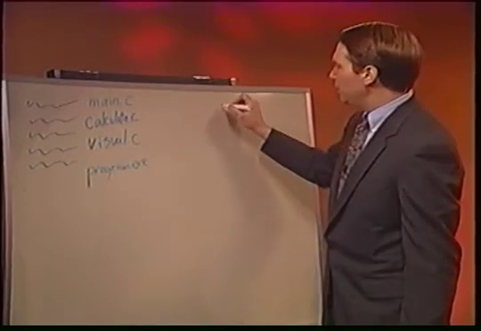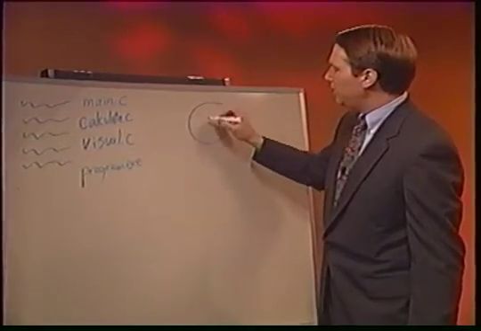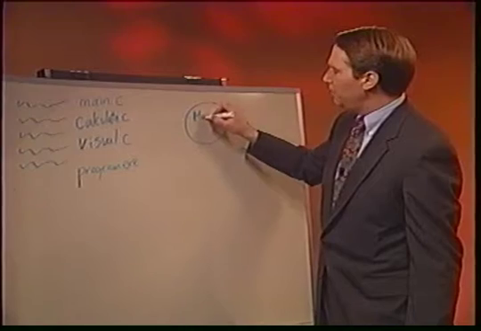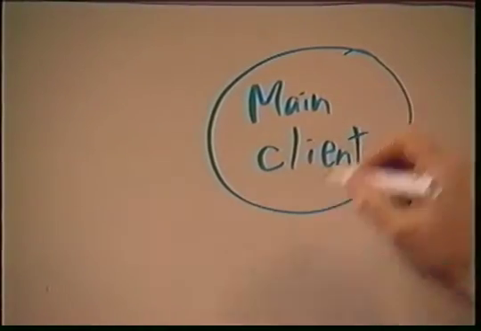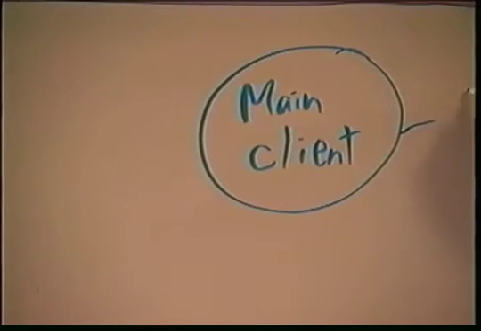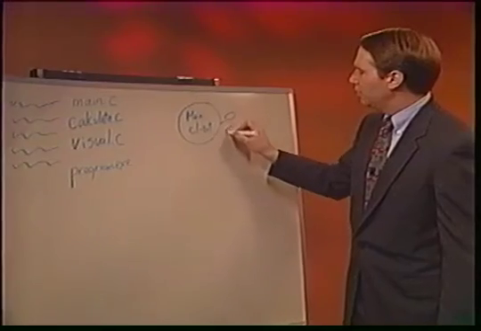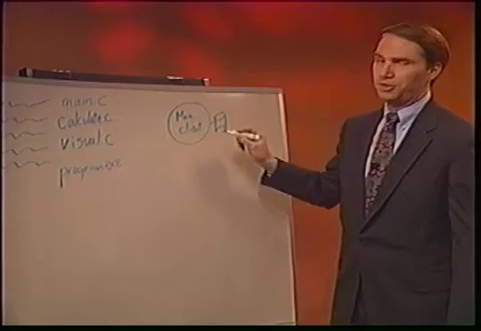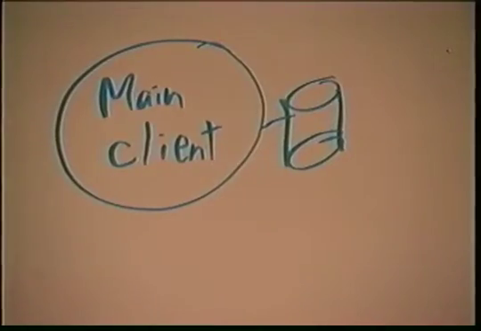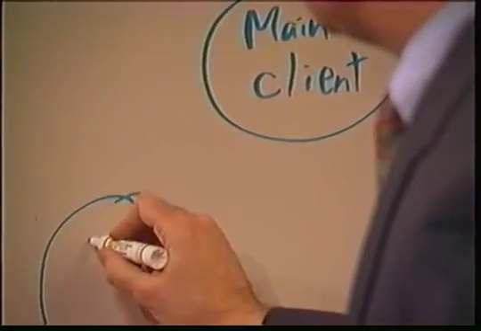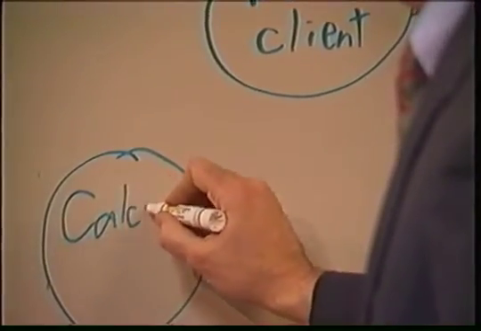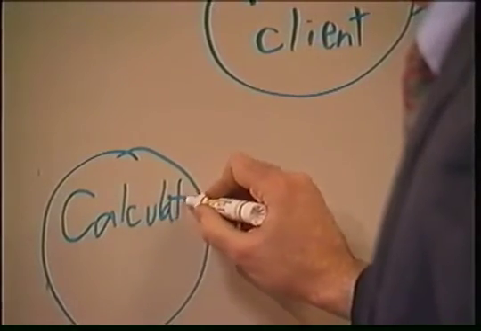What I might do is create an application, and I'll just call it the main client. And again, its job is to go out and read some data off a disk. This is a disk drive right here. We're then going to go and create another application, and we'll call this the calculate server.